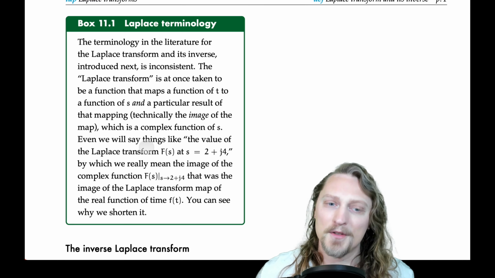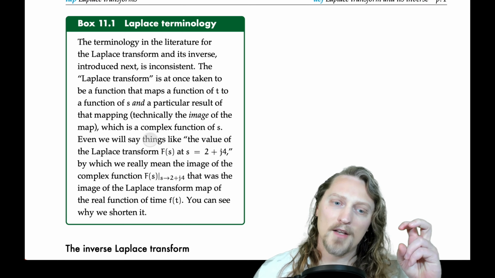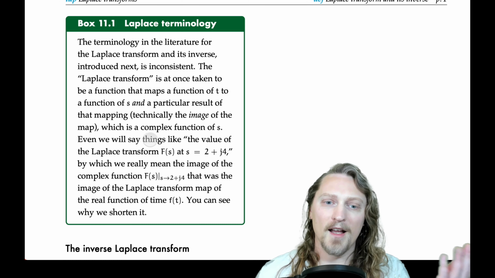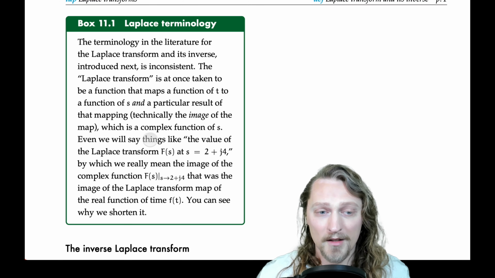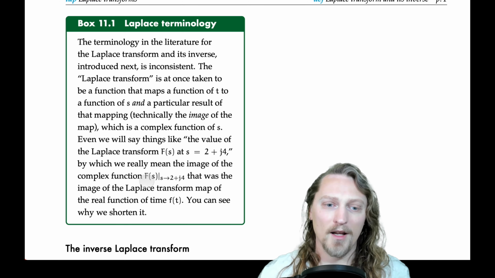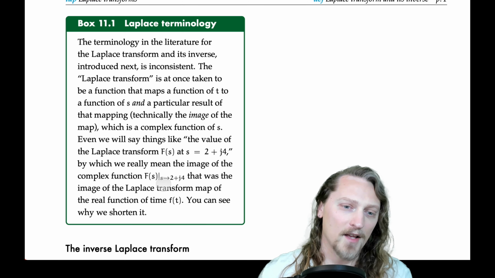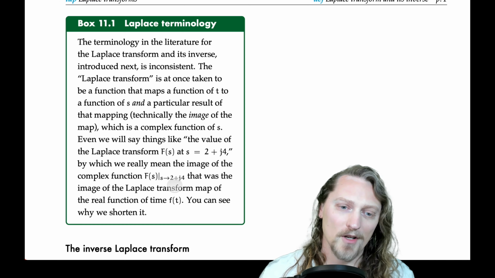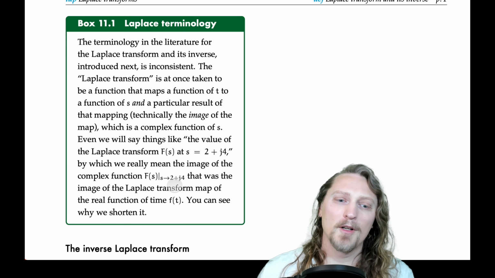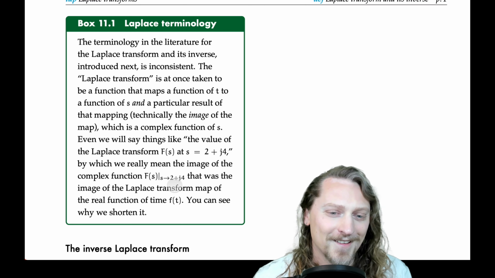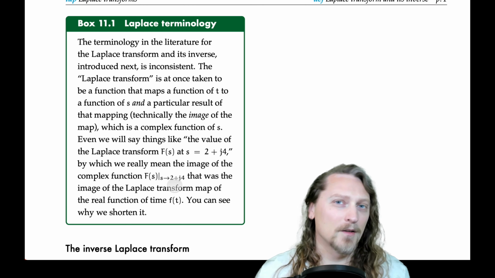Even we will say things like the value of the Laplace transform F of s at s equals 2 plus j4, by which we really mean the image of the complex function F of s evaluated at s equals 2 plus j4. That was the image of the Laplace transform map of the real function of time f of t. You can see why we shorten it.